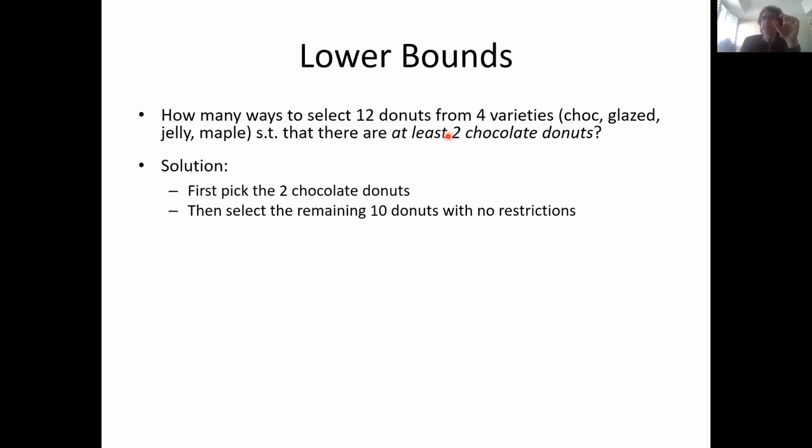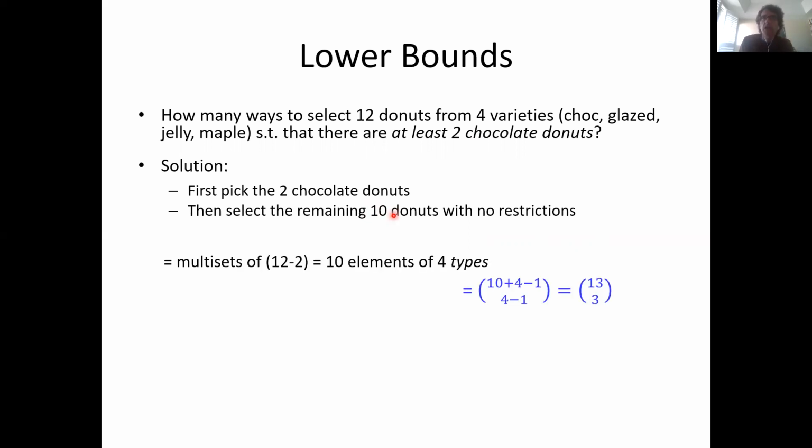That means that out of the 12 donuts, 2 will be set aside as chocolate ones. The remaining 10 can be chosen arbitrarily. So it just reduces to the original problem, except with a reduced number of donuts. So this becomes the problem of choosing 10 elements out of the 4 types instead of choosing 12, because for 2 of them, the choice was already made for you.